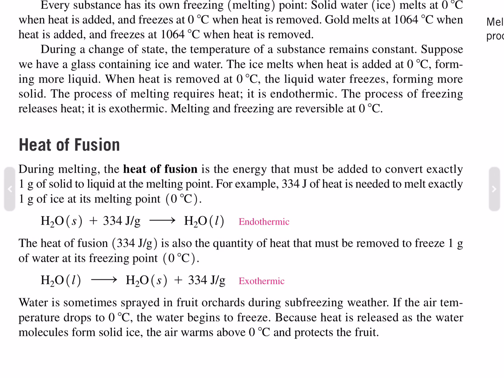Solid water plus 334 joules per gram yields liquid water, and that's endothermic. The heat of fusion, 334 joules per gram, is also the quantity of heat that must be removed to freeze 1 gram of water at its freezing point. So liquid water goes to solid water, giving up 334 joules per gram.